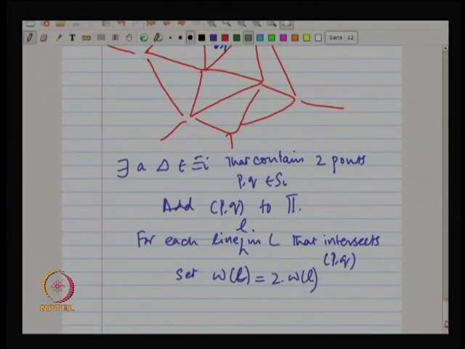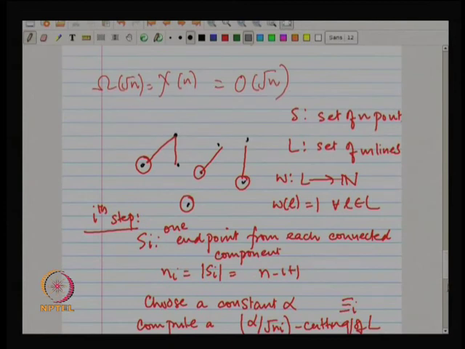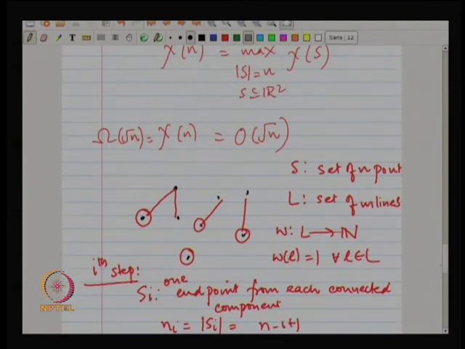Any questions about the algorithm? No, there is no query. This is just the construction of the path. Pardon? These are the set of lines you had, right? In the construction, you started with a set of points and I had a set of lines.